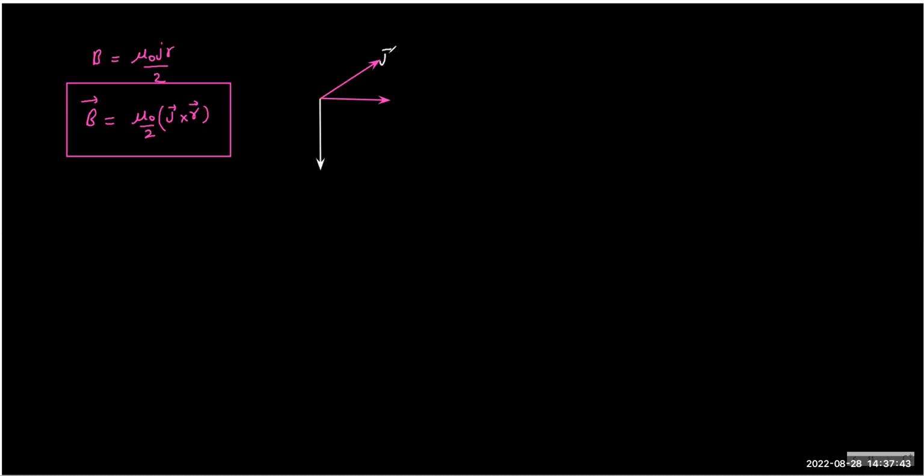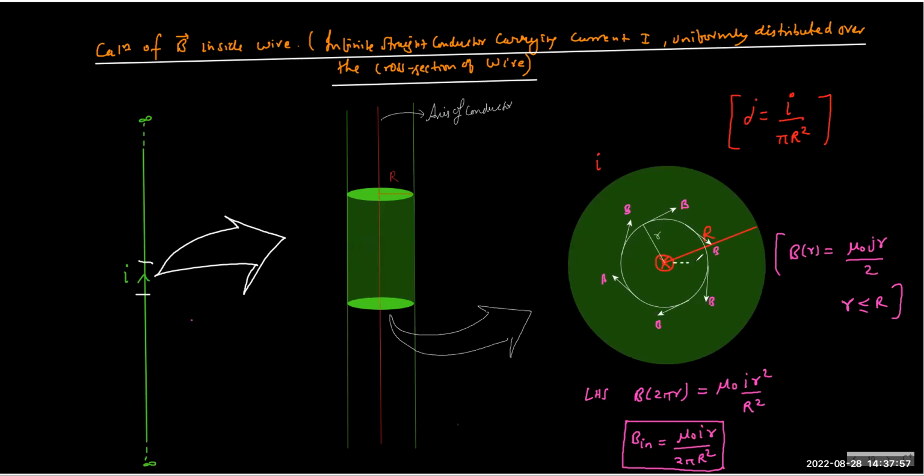If J is this way and r is this way, then J cross r will be like this. Which is the case here, because at this point B is downward, r is this way, and J is inside, right?